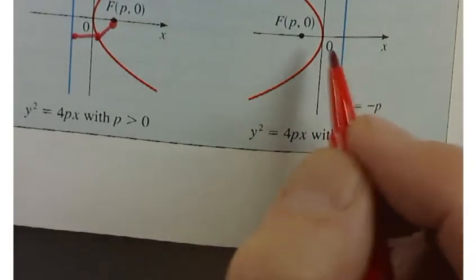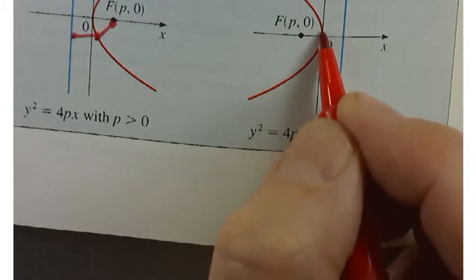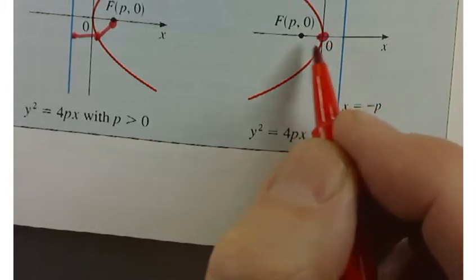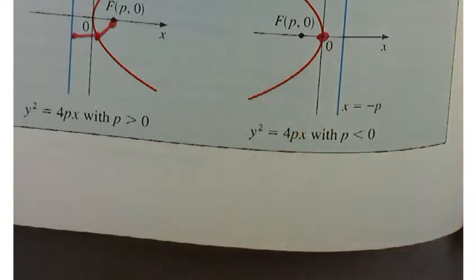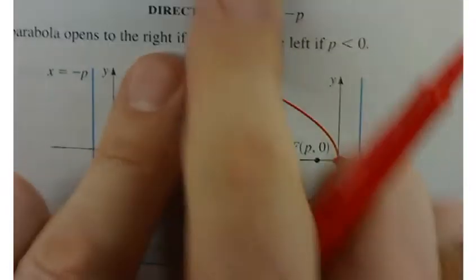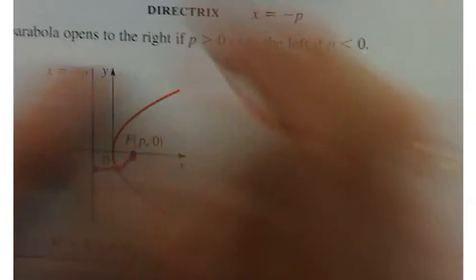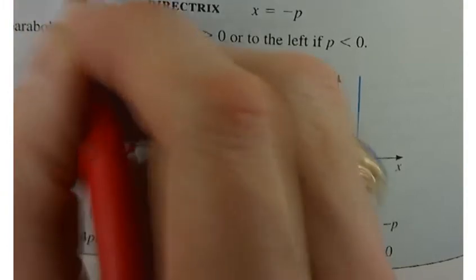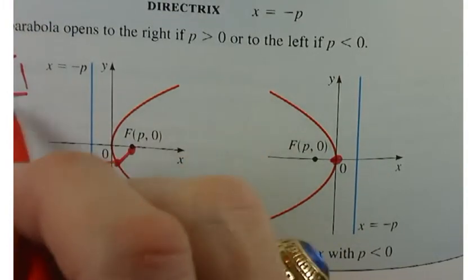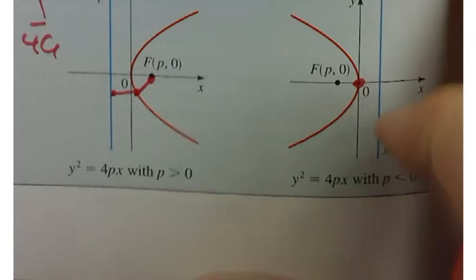To find the directrix or the focus, you need to find this distance P. And P is going to be determined from this equation. A equals 1 over 4P, or P equals 1 over 4A. Either way.